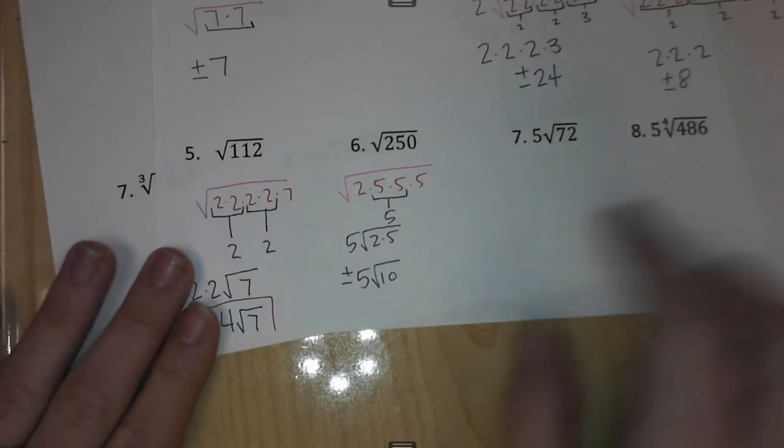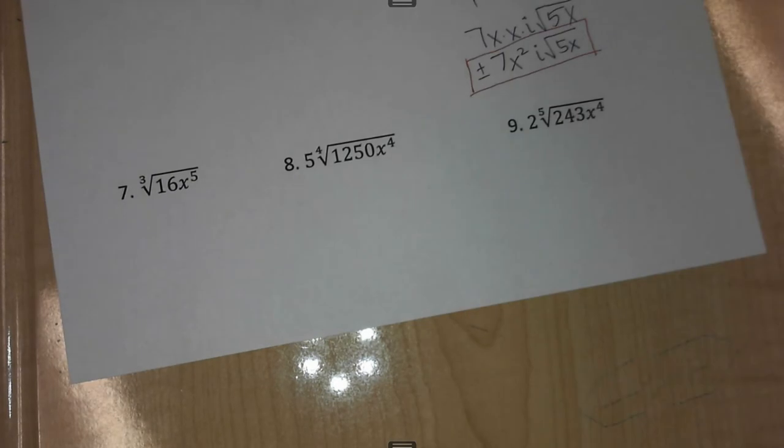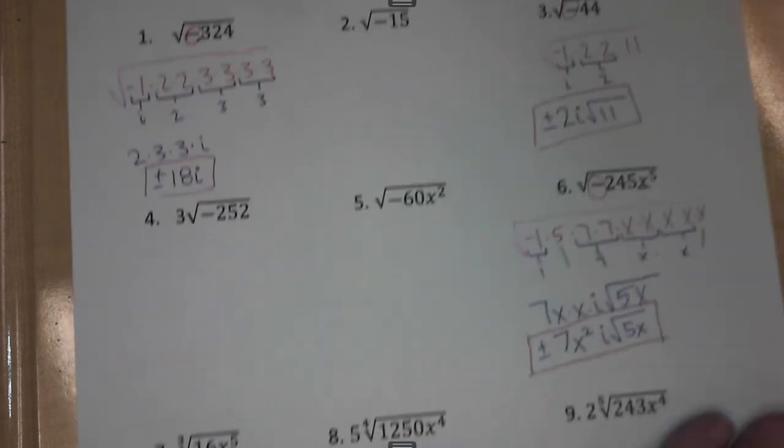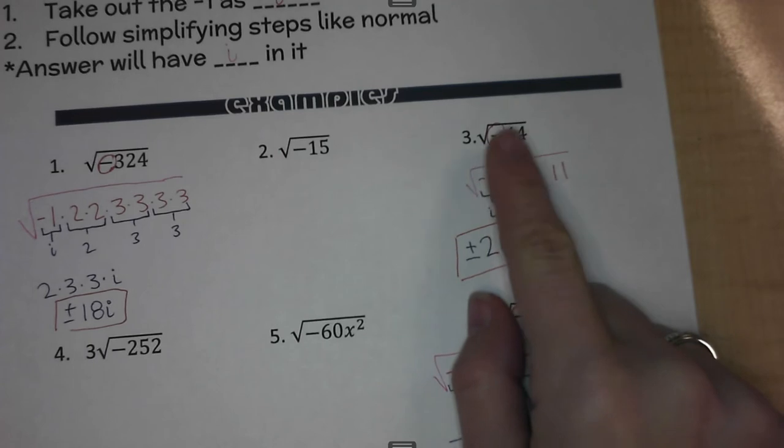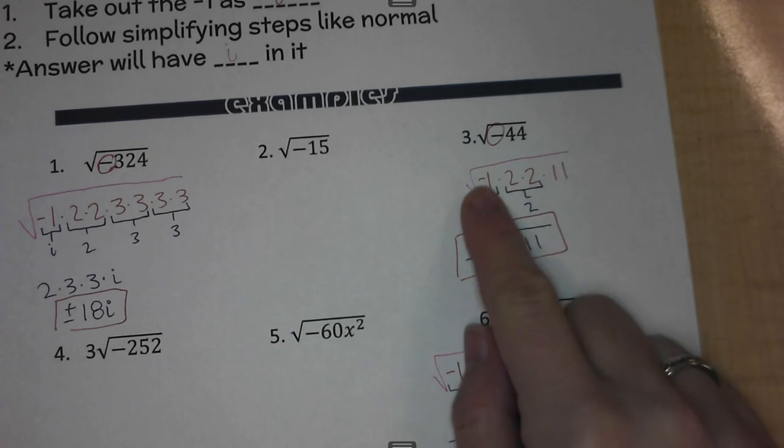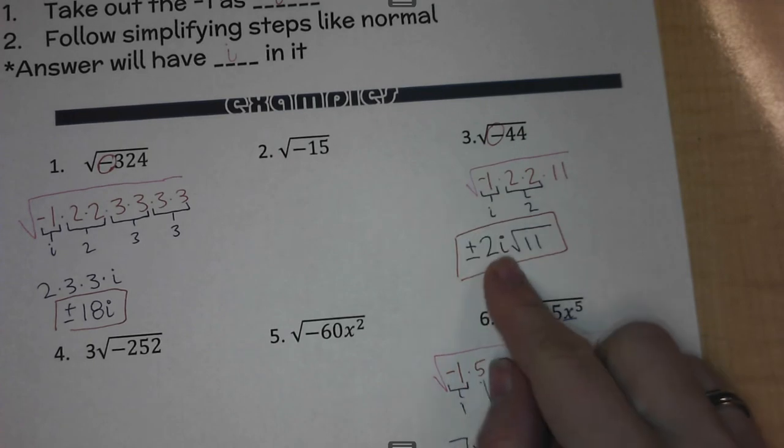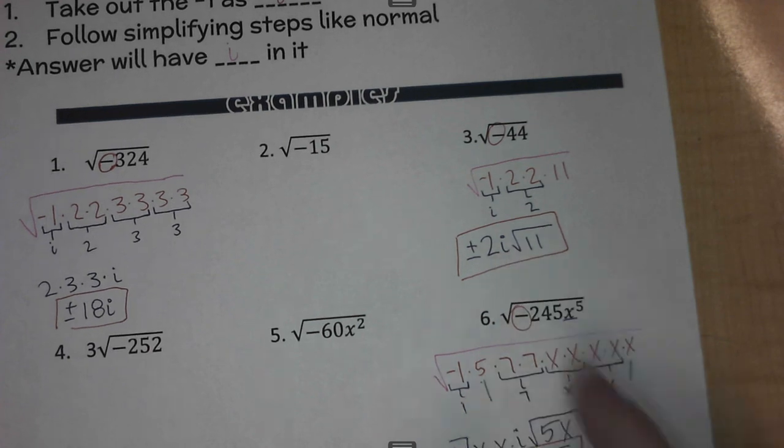It might include a radical still because we're just simplifying. If you put that the answer is 10.58, that is wrong. That's not what we're asking for. Remember, if you've got a negative underneath your radical, it comes out to the outside as an i. The i will be included in your answer. All right, let me know if you have questions.